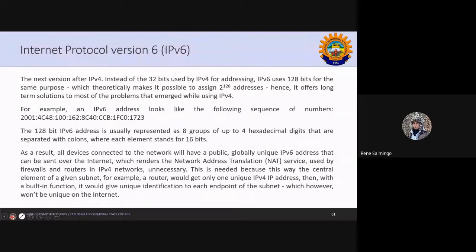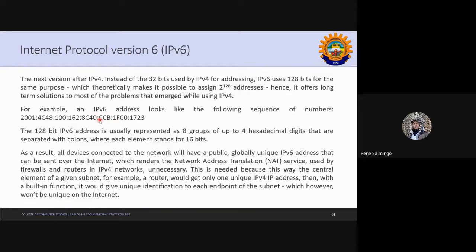Now, this example is an IP version 6. We have a 128-bit version 6 address, usually represented by 8 groups of hexadecimal digits. So these are 4 hexadecimal digits each. That's why you have 1F, C0, 0CCB.